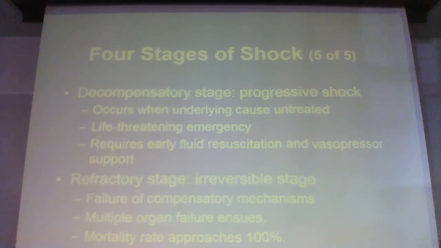When we get to the point that we can't help them compensate anymore, we're going to go into irreversible. And where we get irreversible is multi-system organ failure. So their kidneys fail, and then that causes their liver to fail, and then that causes something else to fail, and then they end up in ARDS and DIC and all kinds of weird stuff, right?